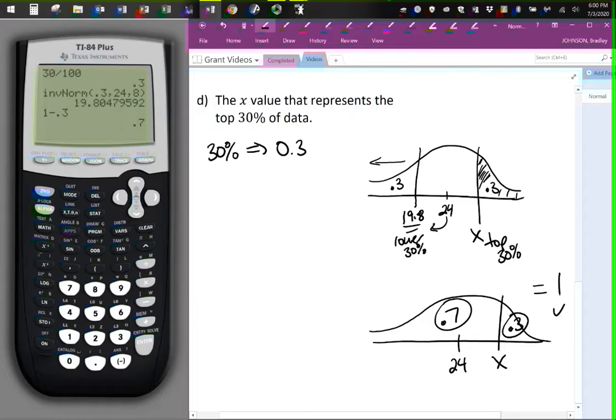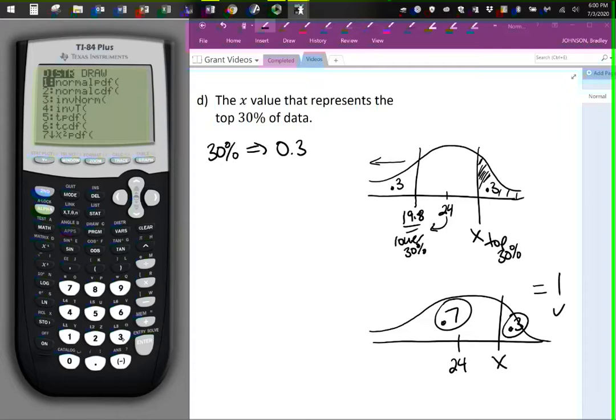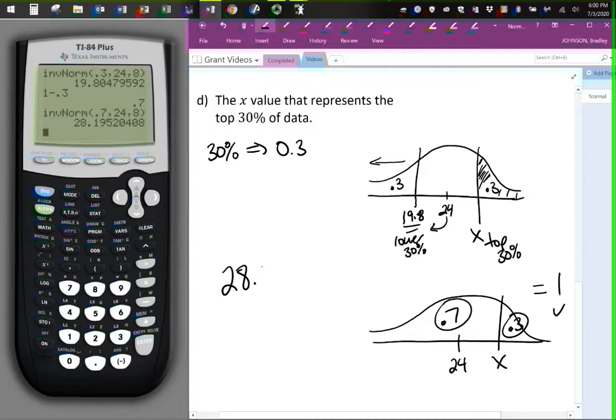So how about I go second vars, pick number 3, and I put 0.7 here, because now the area to the left would really be 70%. 70% will bring us to 30% in the top. So the lower 70% is represented as 28.2.